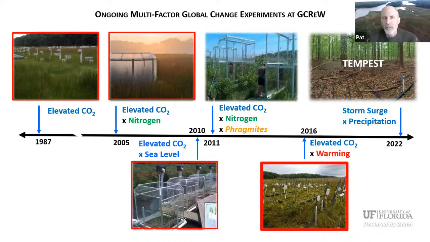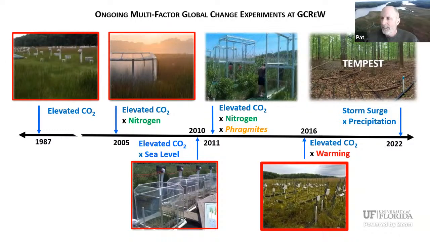But as we've learned something about the elevated CO2 response, we've started crossing it with other factors that we know to be important, like nitrogen, temperature, novel plant traits, which is how we think of Phragmites invasion, and sea level, of course. And what you see in the top right is an experiment we're going to start this coming summer, which I'm excited about, moving up into the adjacent forest. The ones in red are the ones I'm going to pull some data from for this particular talk. And in fact, you're going to see quite a bit of data from this warming experiment.